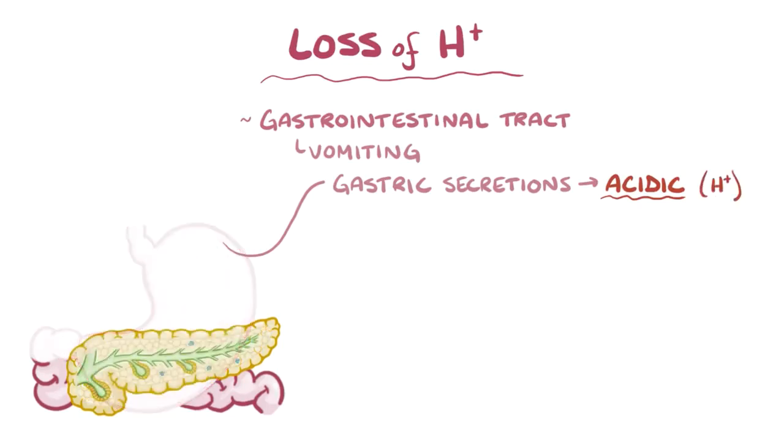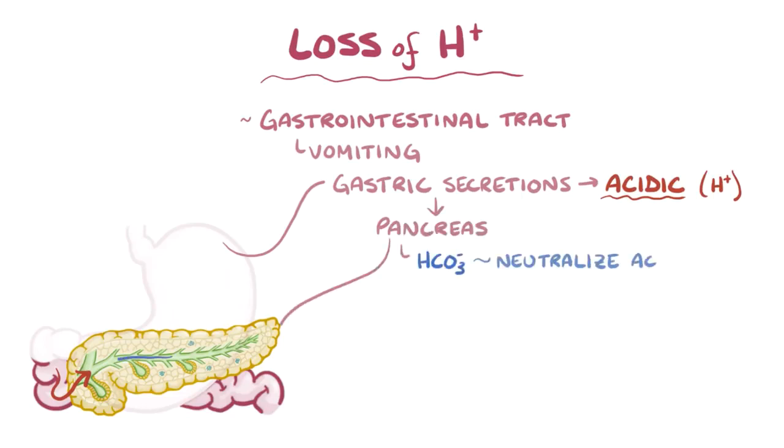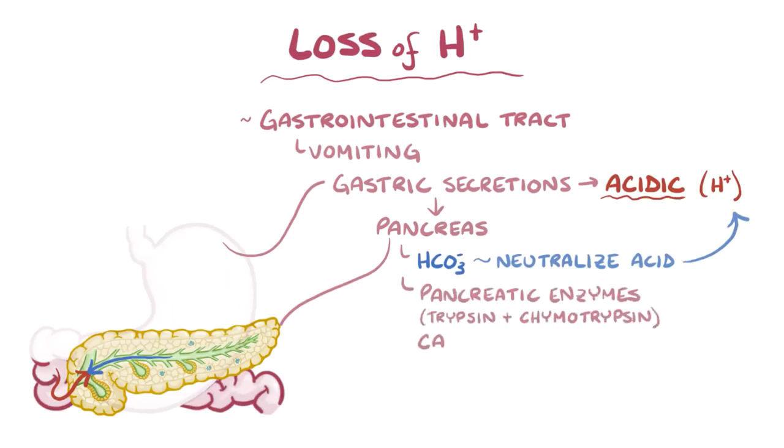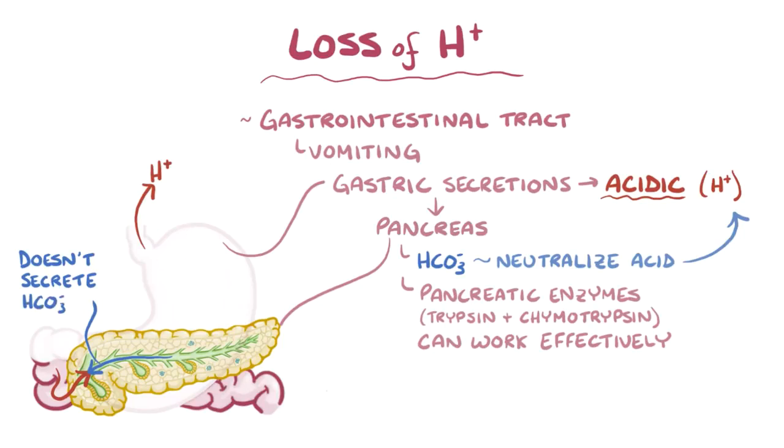On top of that, normally as gastric secretions flow into the pancreas, they're met with bicarbonate secretions, which neutralize the acid so that the various pancreatic enzymes like trypsin and chymotrypsin can work effectively. So during vomiting, not only is the stomach acid lost, but in addition, the pancreas doesn't secrete bicarbonate into the intestines, and so it builds up in the blood instead.